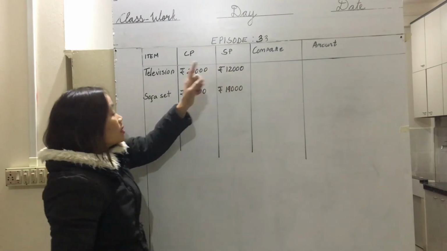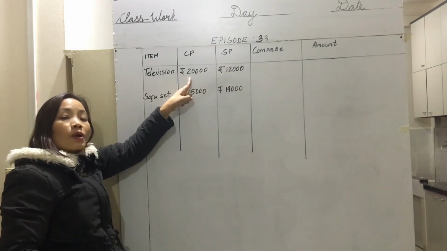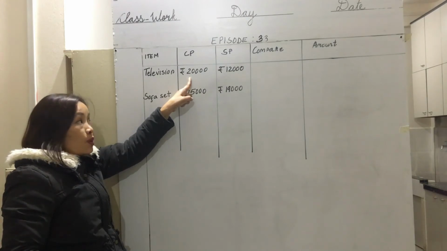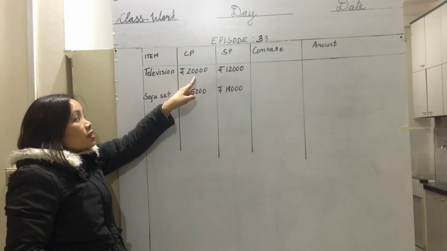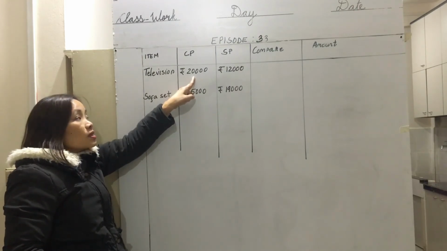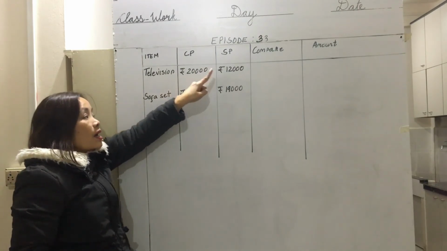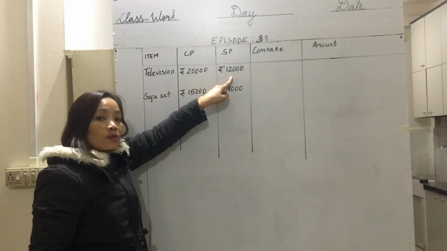The CP is the price at which an item is bought. So the television set is bought for 20,000 rupees and sold for 12,000 rupees.